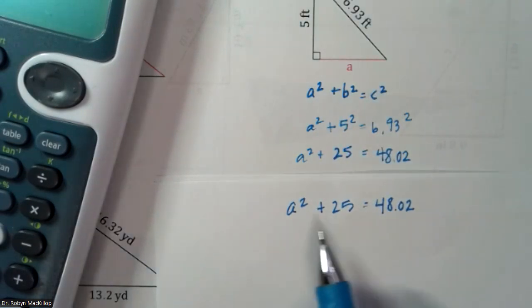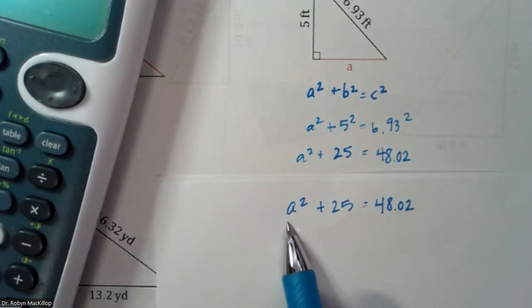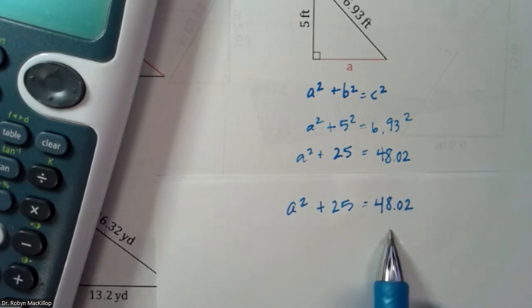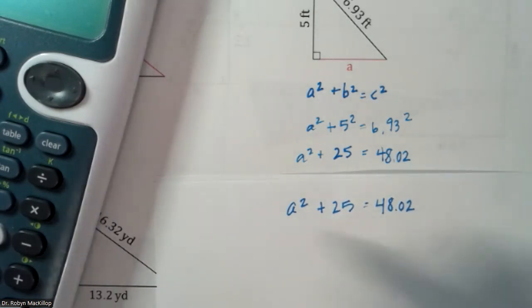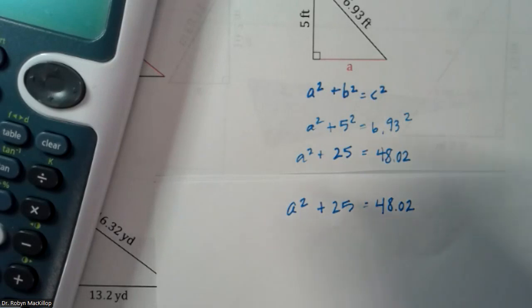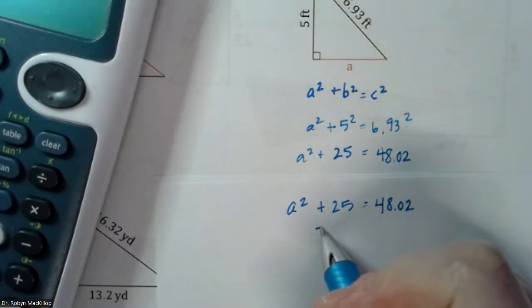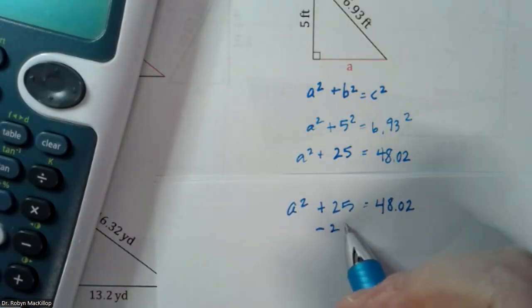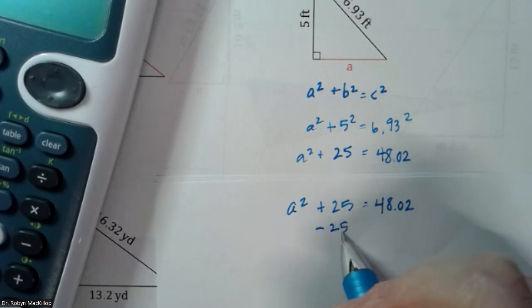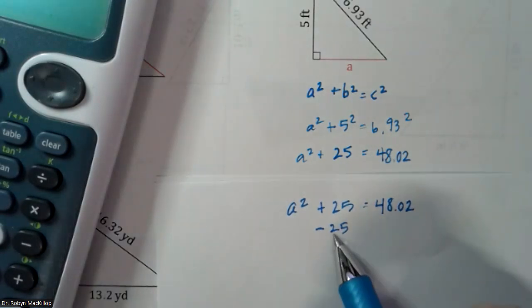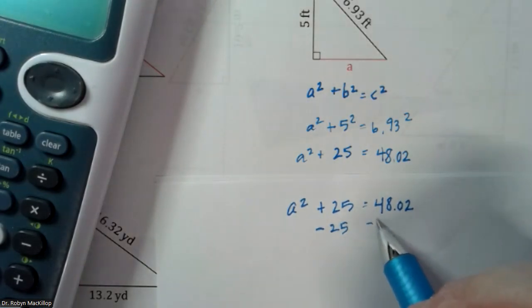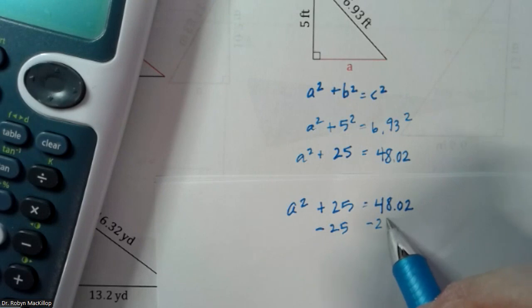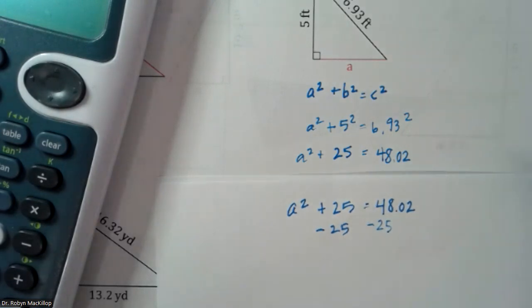Now we're looking at this. We need the variable by itself on one side and all the numbers together on the other. So going back to your linear equations, we're going to get rid of this 25 because we want to zero it out. So if we take 25 away, that's going to be 0 on this side, but it also means we have to do the exact same thing over here. So we're going to take 25 away from this side.